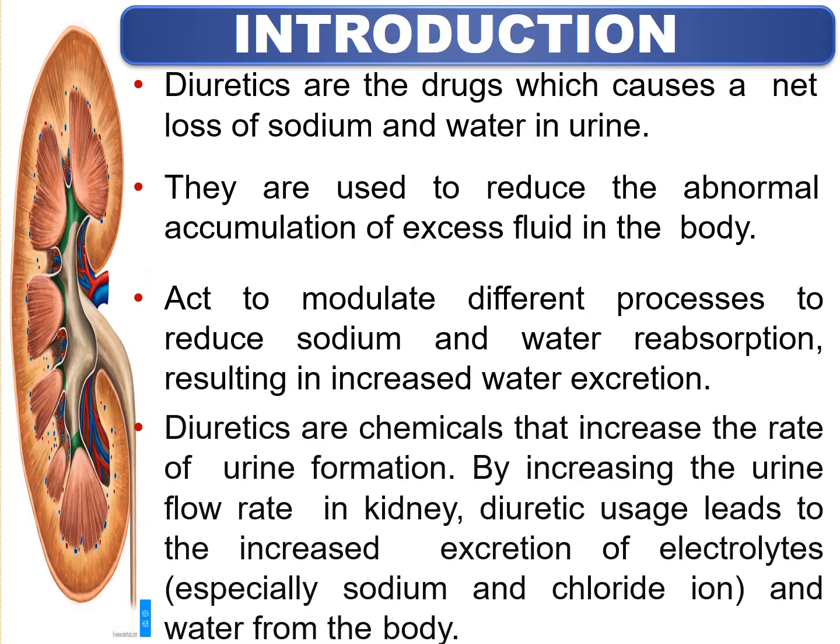The diuretics are chemicals that increase the rate of urine formation by increasing the urine flow rate in the kidney, and diuretic use leads to increased excretion of electrolytes, mainly, as already discussed, sodium and chloride ions and water from the body along with potassium.